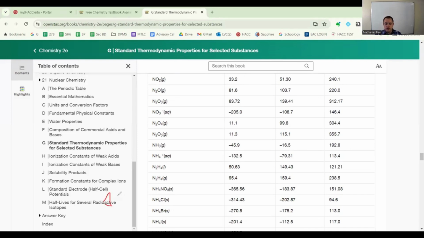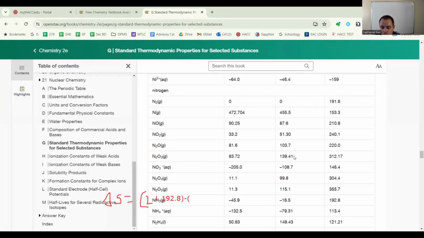So this is going to be delta S equals 2 times 192.8 minus, now we need to look up nitrogen and hydrogen. So we're going to look up N2. So that's minus, there's only 1 nitrogen, so that's 191.6.